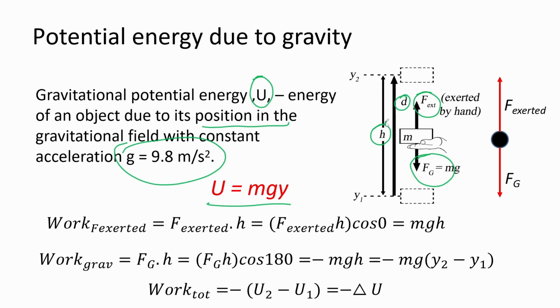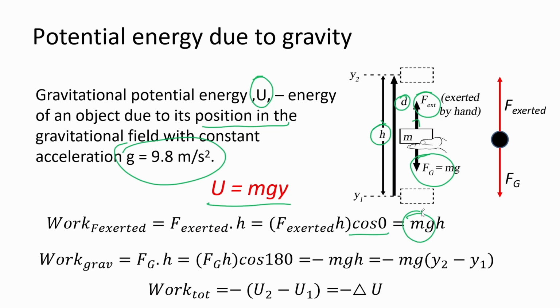Going back to the expression, the force exerted dotted with the height, or d, is equal to the force exerted times h times cosine 0, because the angle between the height vector and the force vector is 0 degrees. The force you exert is just equal to the weight, mg, so the work is mgh.